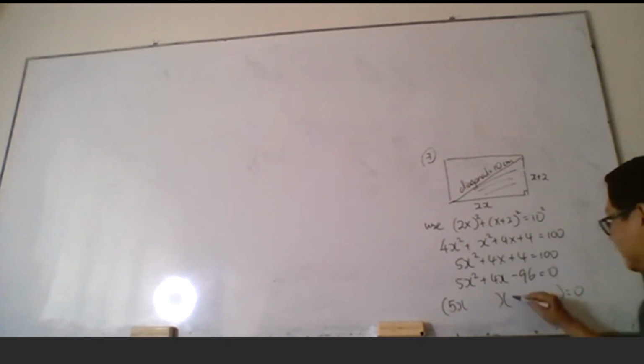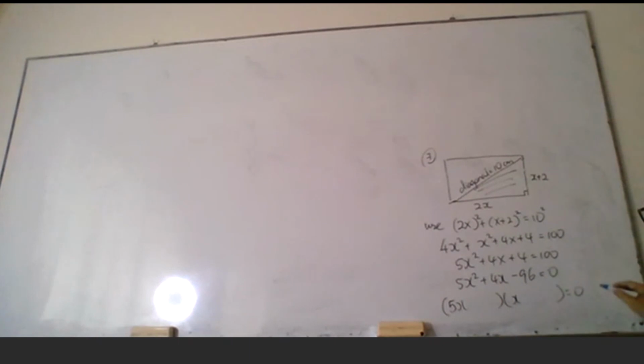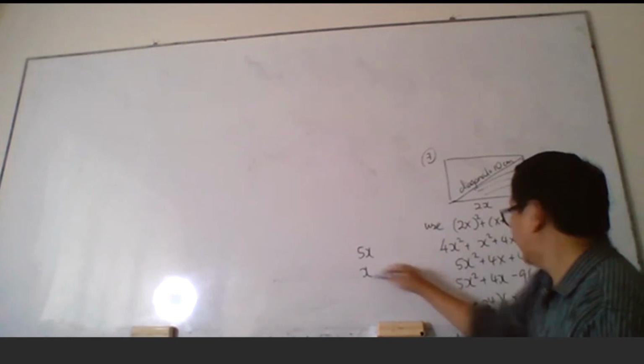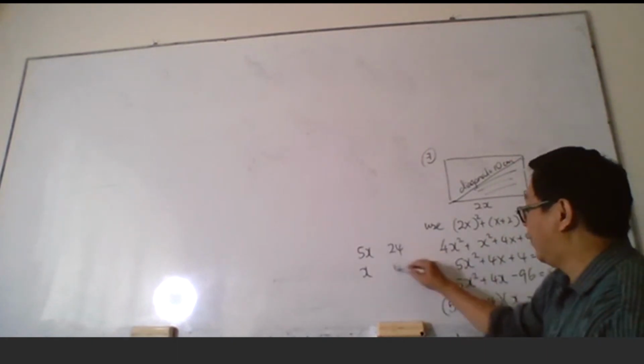So 5x, so what's the number I need to put? So it's the 12a. Okay, so 4 and 24. So plus minus, so you can have 5x, and then 24, 4.